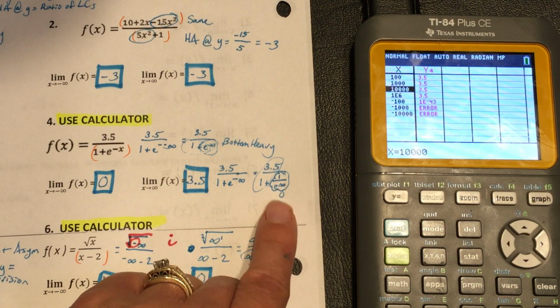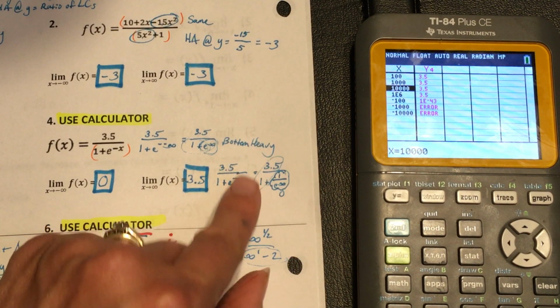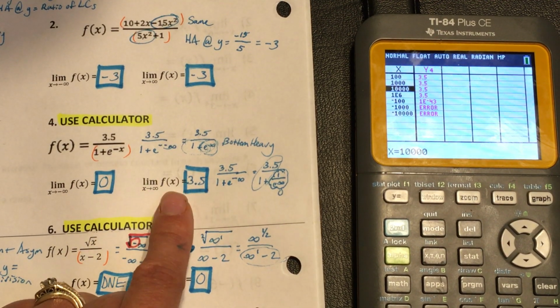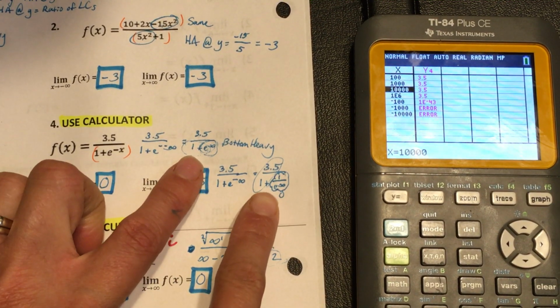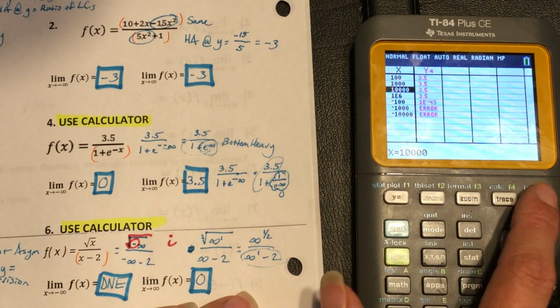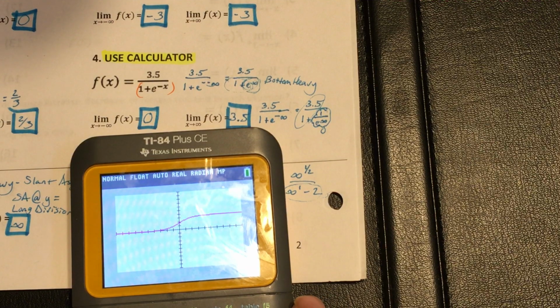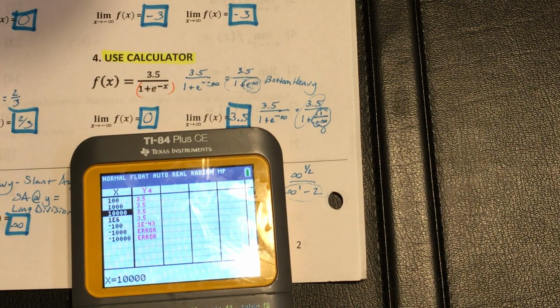So as this gets closer to 0, what I'm going to be left with is 3.5 over 1, or just 3.5. So this is how we can reason our way through it algebraically, but we can also see that this makes sense with what our graph is showing us and also with our table.